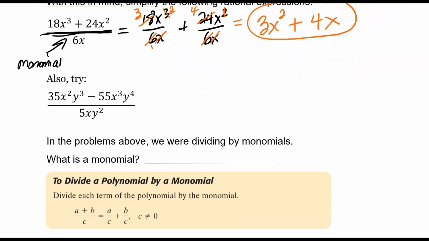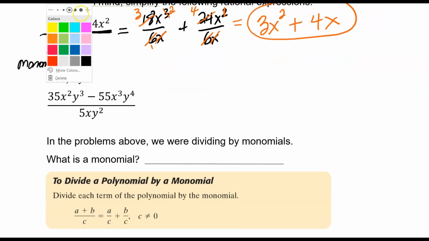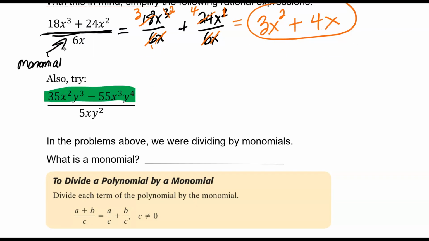Let's move on. Notice this example as well. Notice that we are dividing by a monomial again.